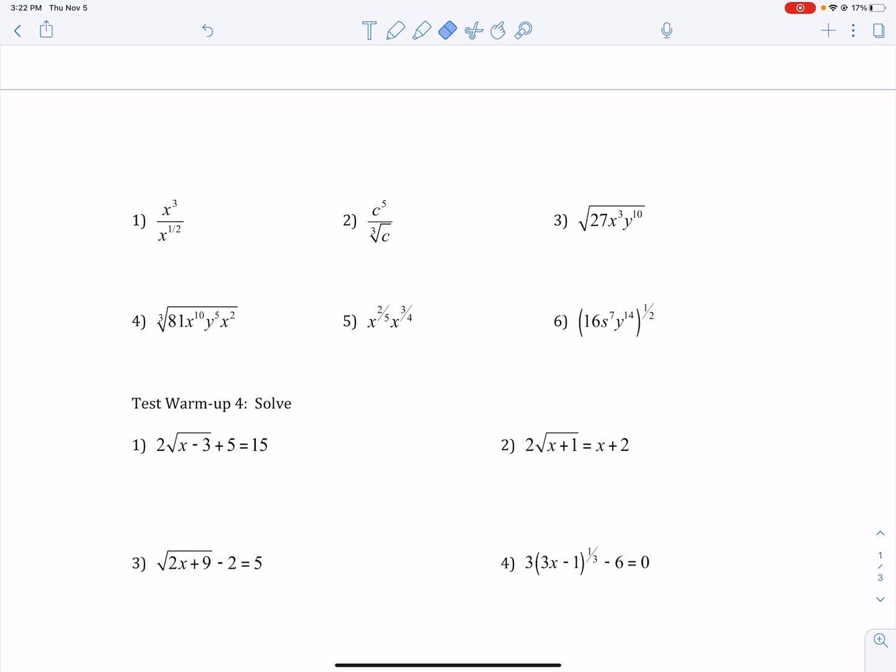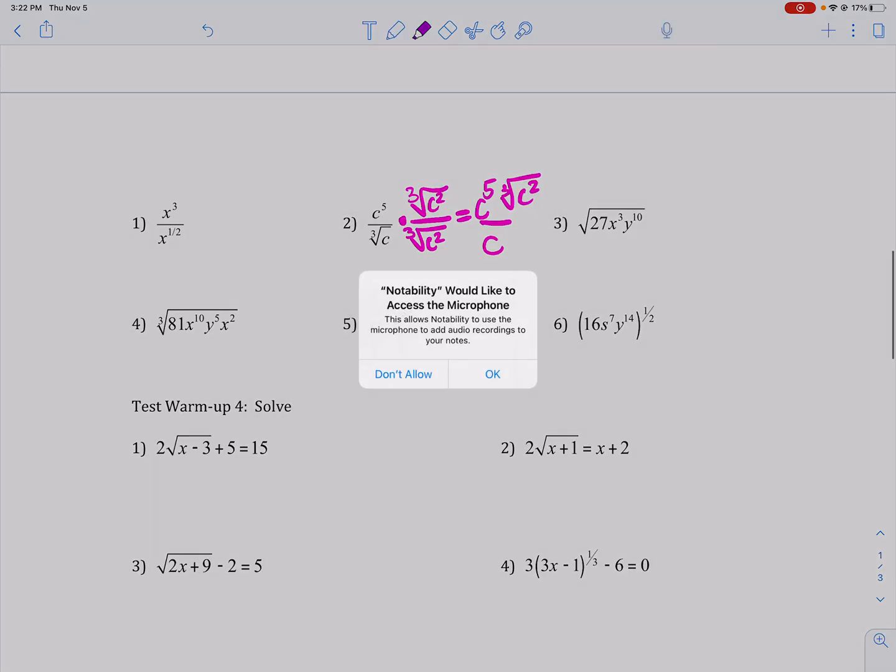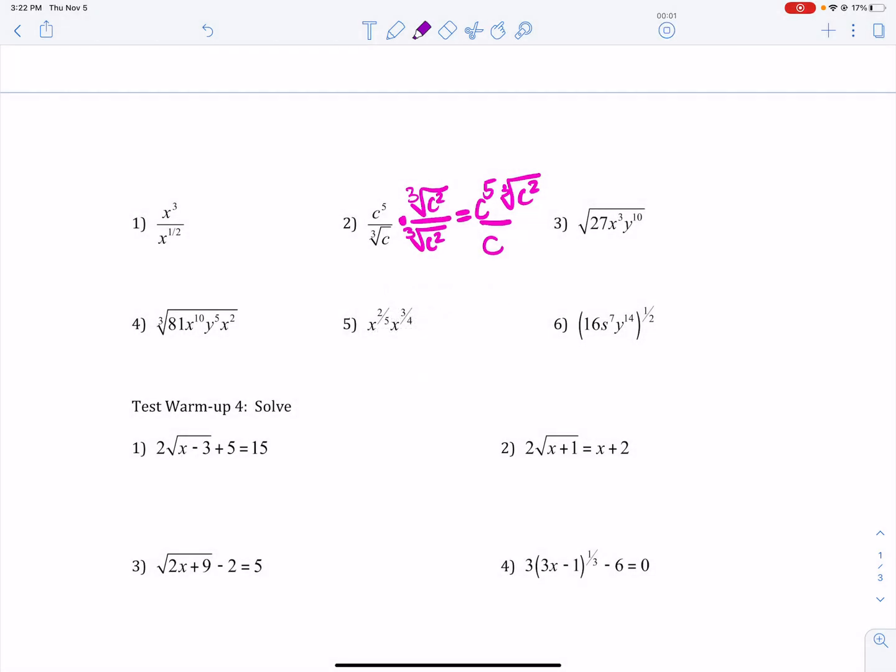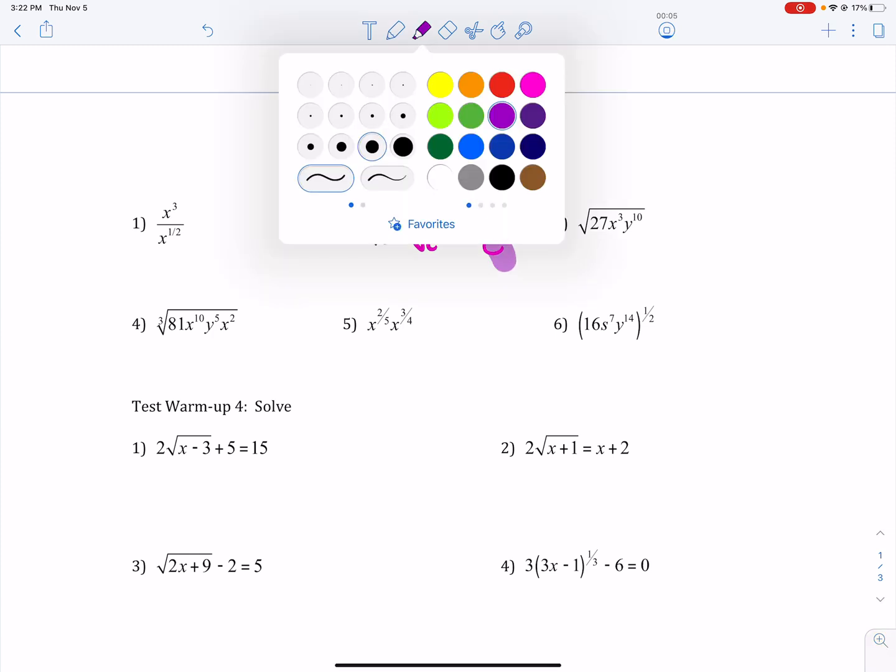Okay, on the next one, it's the cubed root. So I've got to get rid of that by taking it times the cube root of c squared. Because then that would be the cube root of c cubed, which would just be c, over c to the 5th cubed root of c squared. Well, the c's out in front would cancel.